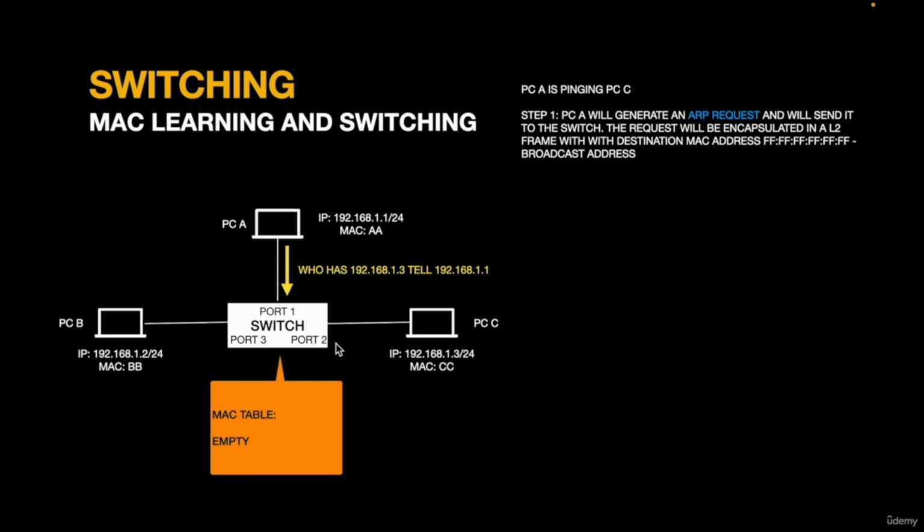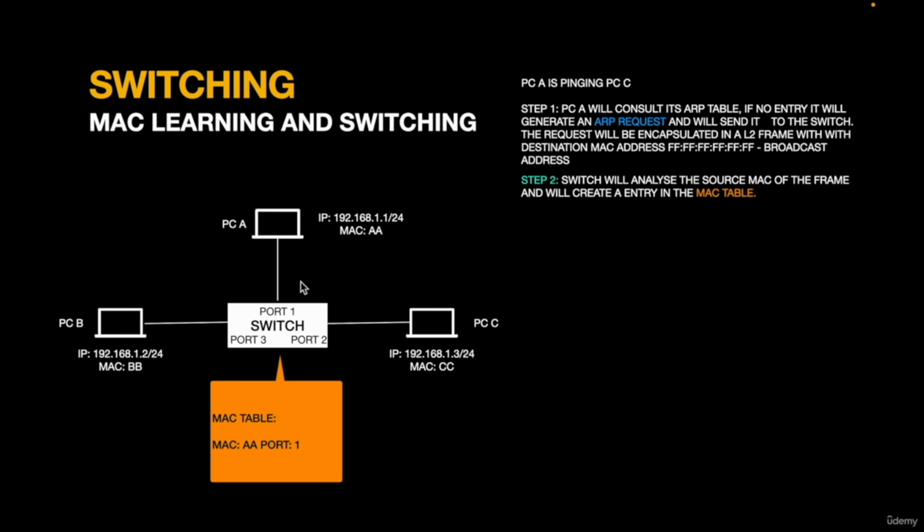So we have one switch with an empty MAC table, and it has 3 PCs connected, which are in the same VLAN. PC A will generate an ARP request and will send it to the switch. The request will be encapsulated in a layer 2 frame with the destination MAC address of FFFF, which is the broadcast address. The switch will analyze the source MAC of the frame and will create an entry in the MAC table.